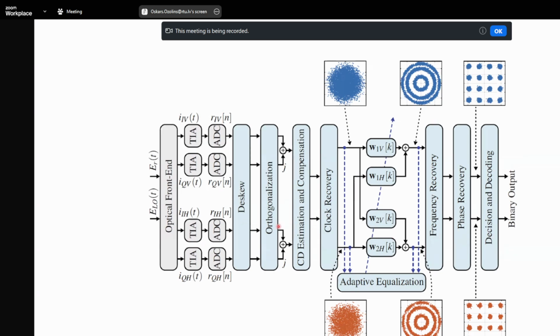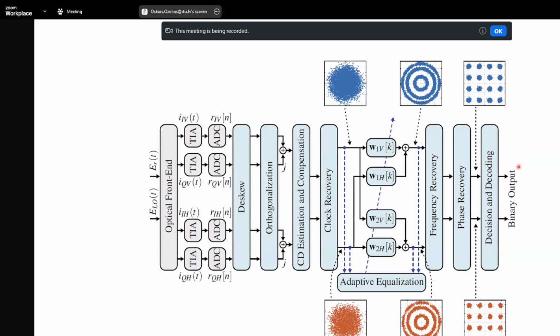These topics can be quite wide, and you can dig very deep, because when you do practical implementation in an ASIC, you need to do different compromises, and then eventually you still need to get acceptable pre-forward error correction bit error rate value. So that is what we also look at in the output.